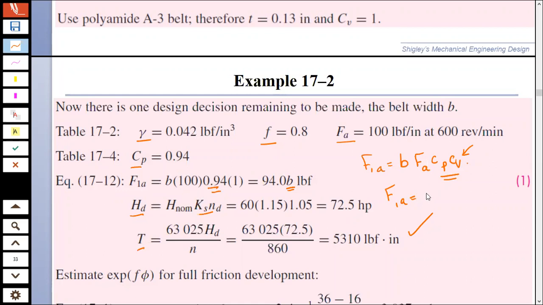So it will be, and FA is 100, so 100 times CP, 0.94, times B. B we have not calculated yet, and that is why this will be equal to 0.994 times B. Now you can choose any B as you decided for the pulleys, but it is your choice. You can assign some value to this B at this point.